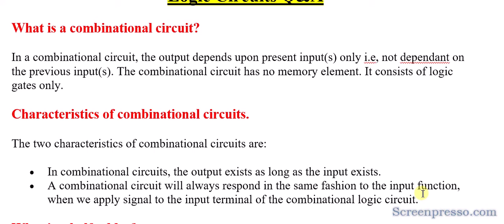Means as the input is, in the same way the output is expected, according to how the logic is implemented. I am applying some input and I am expecting some output. In between, whatever happens is because of our logic.